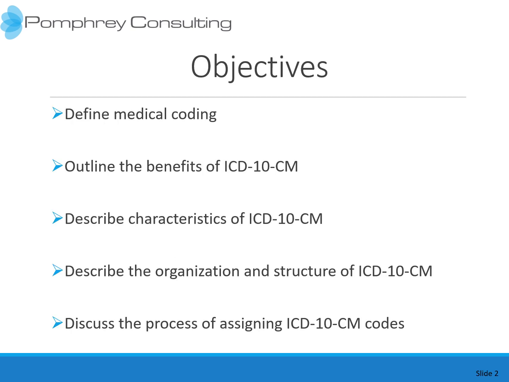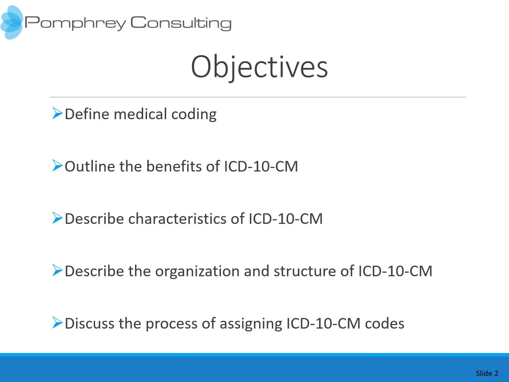The objectives within this lecture will be first to define medical coding, provide an outline of the benefits of why ICD-10-CM is used, and describe some characteristics of ICD-10-CM to give you that foundation for when we come to talk about procedure coding, the differences in how ICD-CM will be identified as well as used.